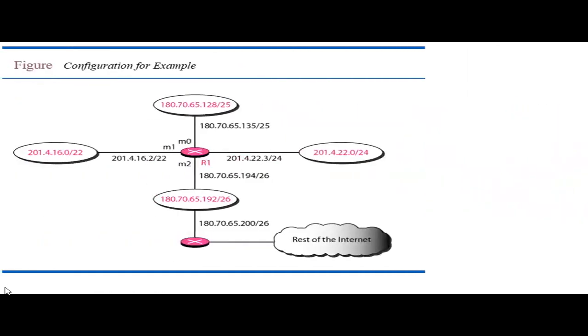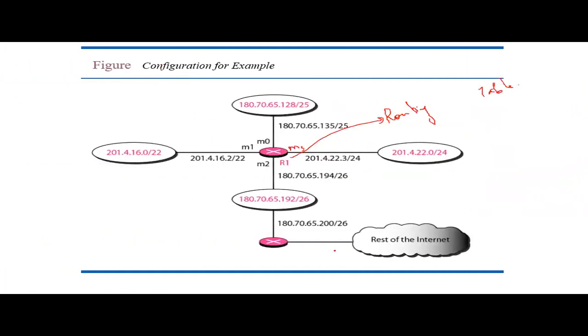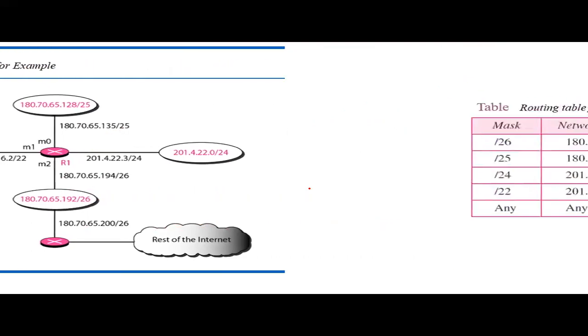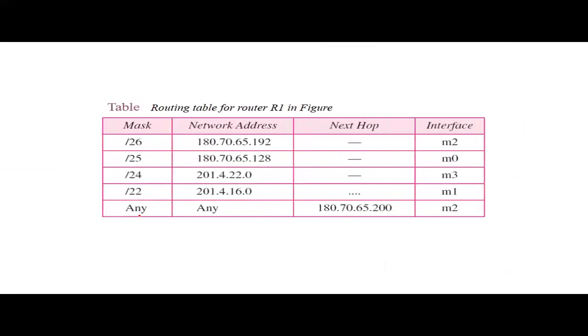Suppose the router R1 wants to access some other computer or some other network in the internet apart from these 4. What will it do? It will go through this interface M2, it will pass this network, and this network is connected to the rest of the internet. So if you notice in the last column, it is written "any".